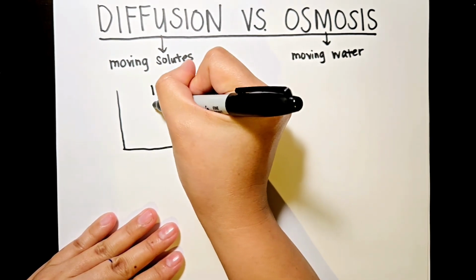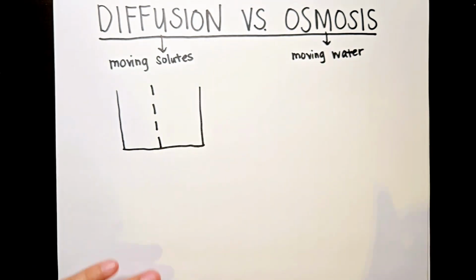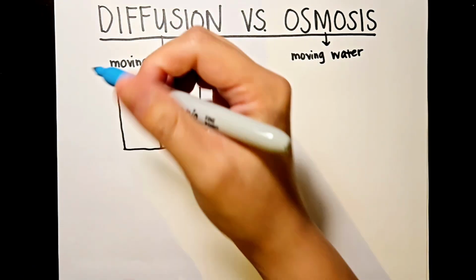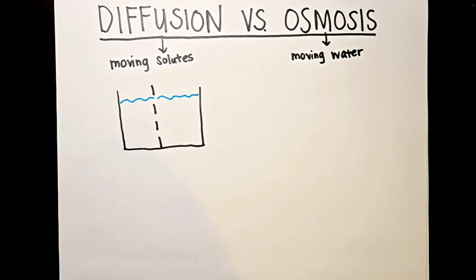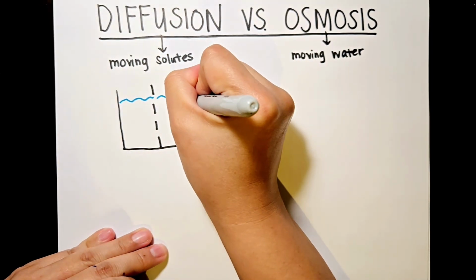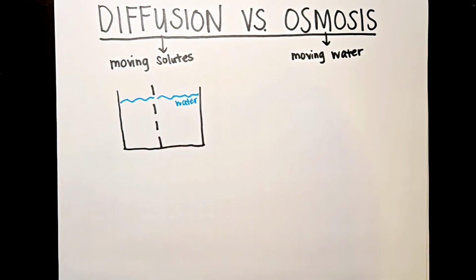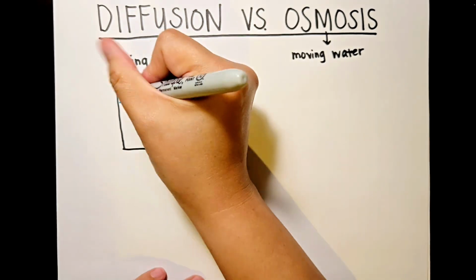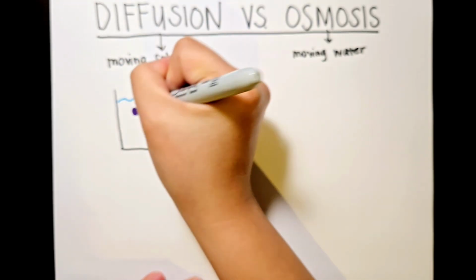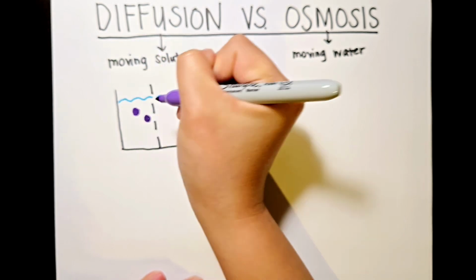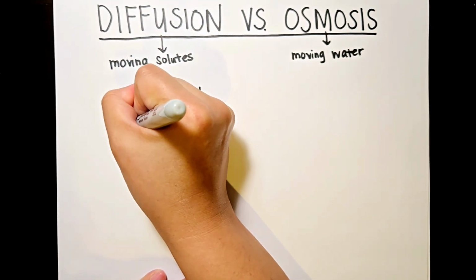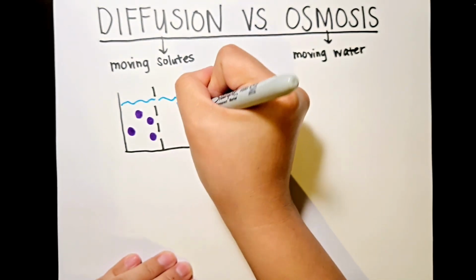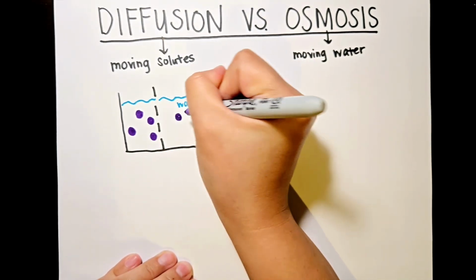This particular membrane has big gaps in it. On either side, you have water as your solution. On one side, you have solutes that are pretty big, but they can fit through this membrane, whereas on the other side you have less of them.